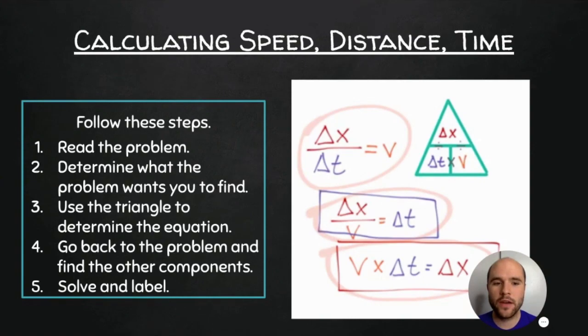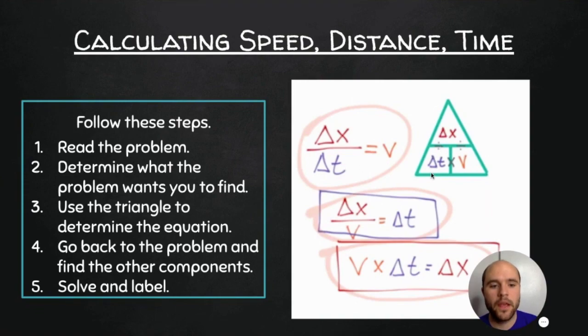Mr. Franchina recommends when you find what they want you to solve, cover with your thumb that part of the triangle. So if it's distance, cover this. If it's time, cover this. If it's speed, cover this. That will tell you and show you what your equation is. If I cover up v, then I'm left with change in distance over change in time.